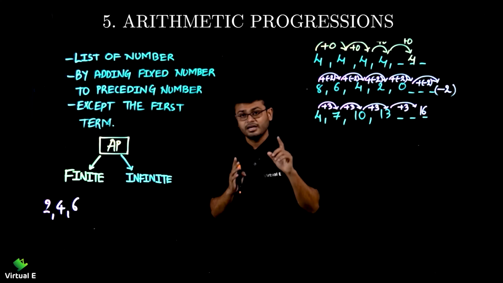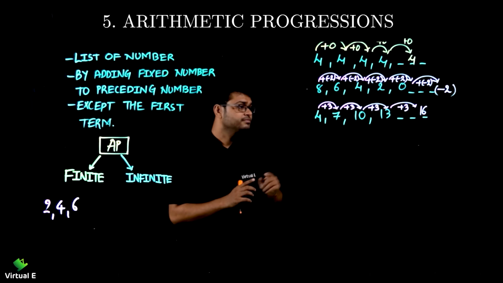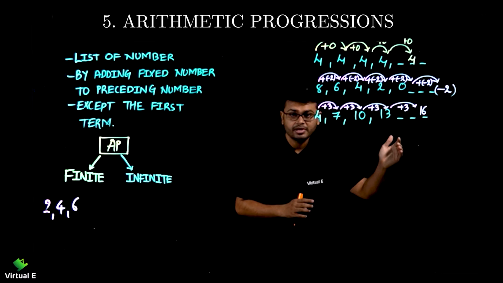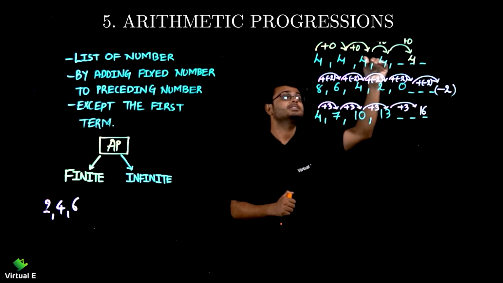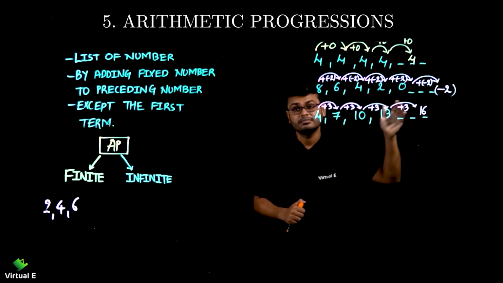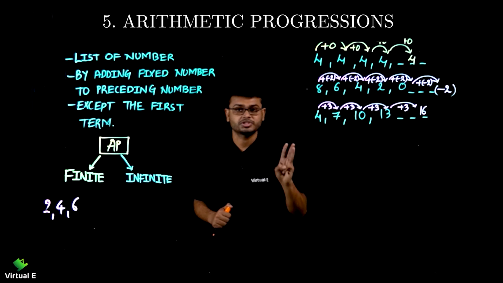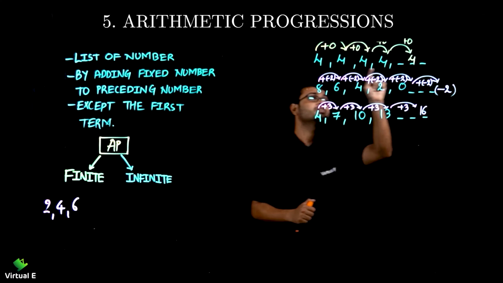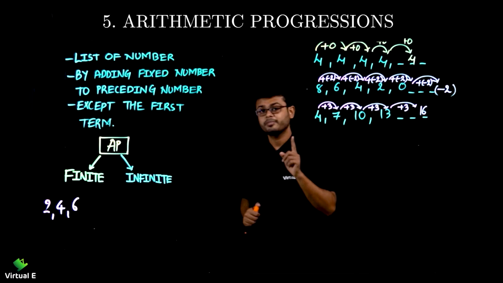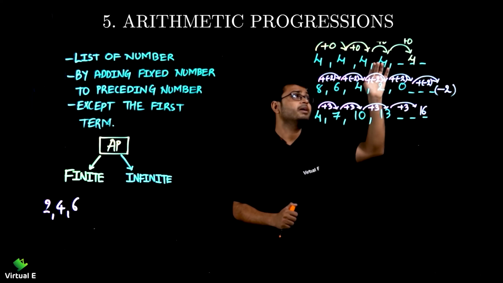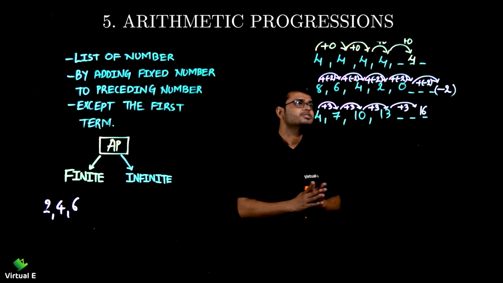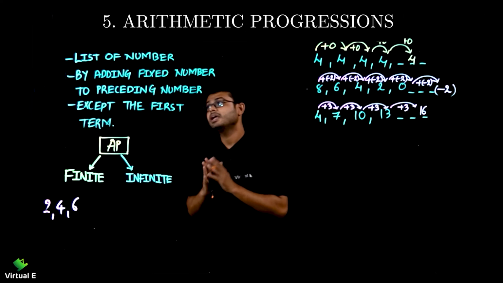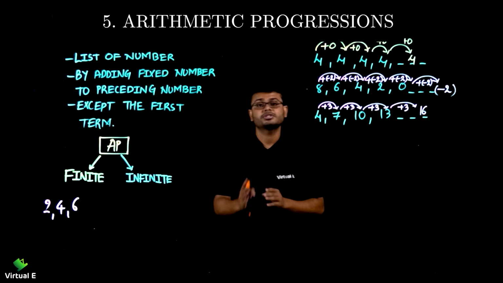One conclusion we can draw from this is that either we are adding a positive number, or we are adding a negative number, or we are adding 0 to get the new term. All three cases are possible. If such numbers are coming, it doesn't mean that it's not an AP. Remember, if 3 is coming in between somewhere, then we can say that it's not following the pattern, right? So this is the basic idea behind the arithmetic progression or AP.